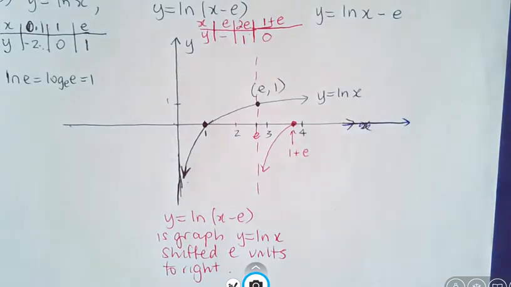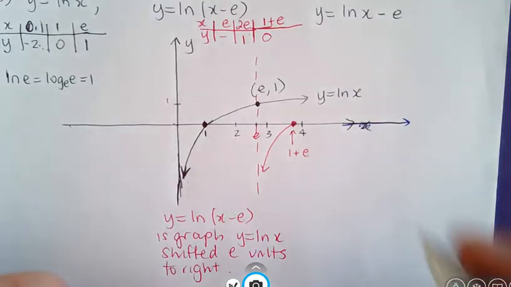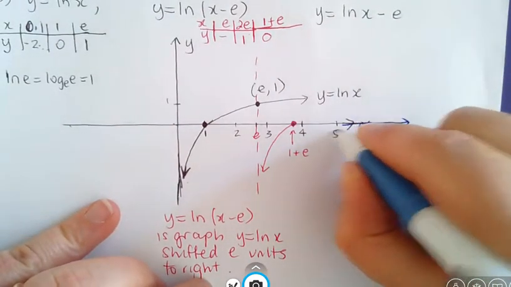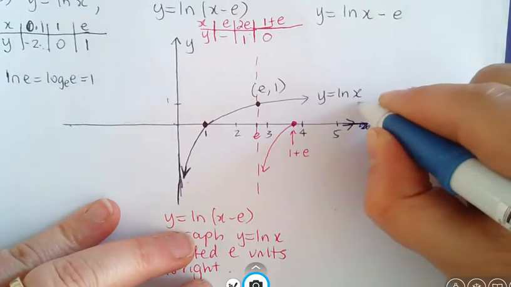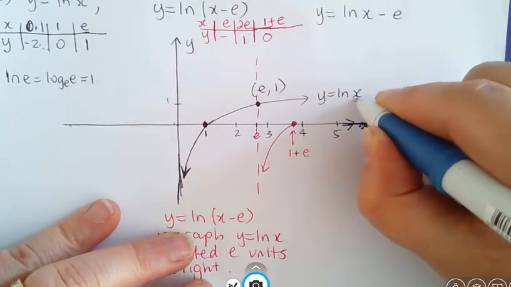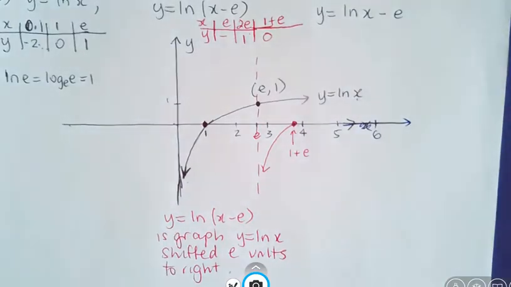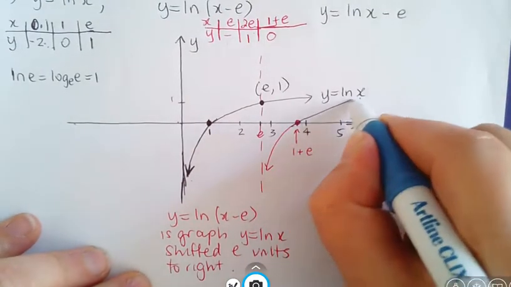I know this is really tricky, all right? It's tricky because you're dealing with e. What's 2e? 2 times 2.7 is about 5.4-ish. 5.5, roughly. So that's 5, that's 6. It's roughly in here somewhere.